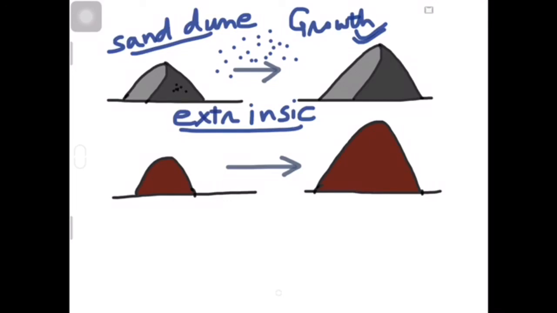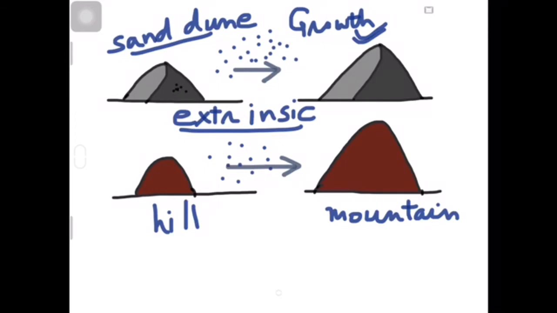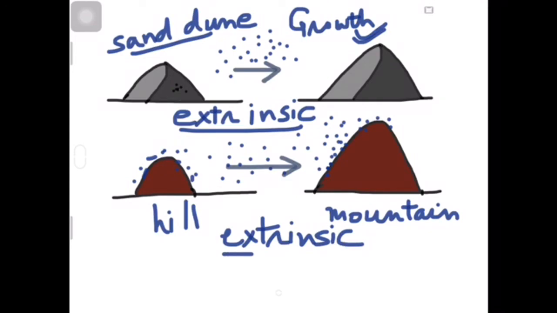This shows extrinsic growth. Again, a hill and a mountain. The mountain was built gradually from the hill by depositions of sand, clay, and rocks over time on it. So it is again extrinsic, that is external growth, growth from outside. Superficial growth. Bahari growth.